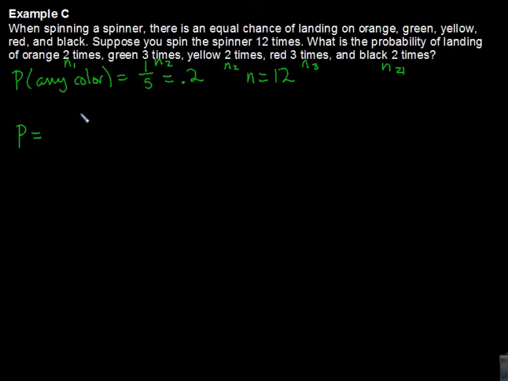Okay, so we're doing 12. And I have orange, green, yellow, red, black. And my probability for each of those is 0.2.